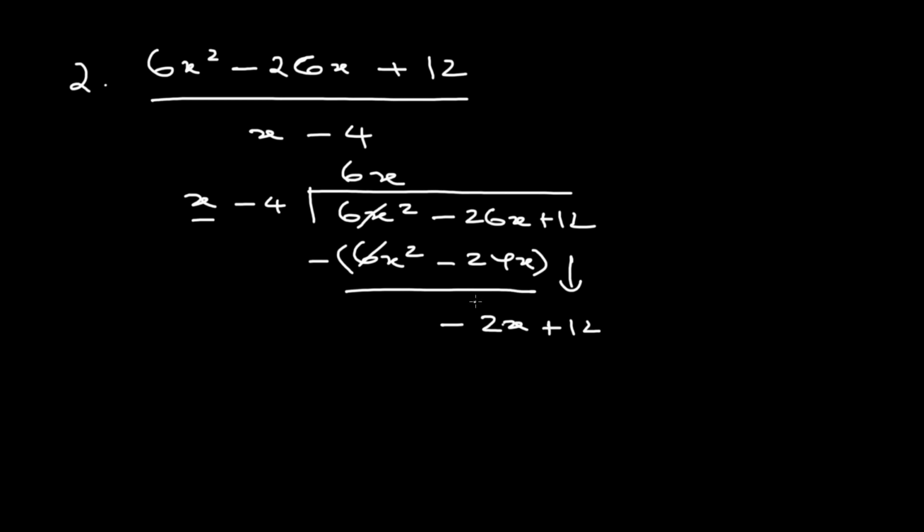What's the next thing that we're going to do? We're going to divide this into this term here. We're no longer interested in this one here, okay? We cannot divide x into 26, okay? We don't do that. We divide this into the new x, right? So this will be minus 2.